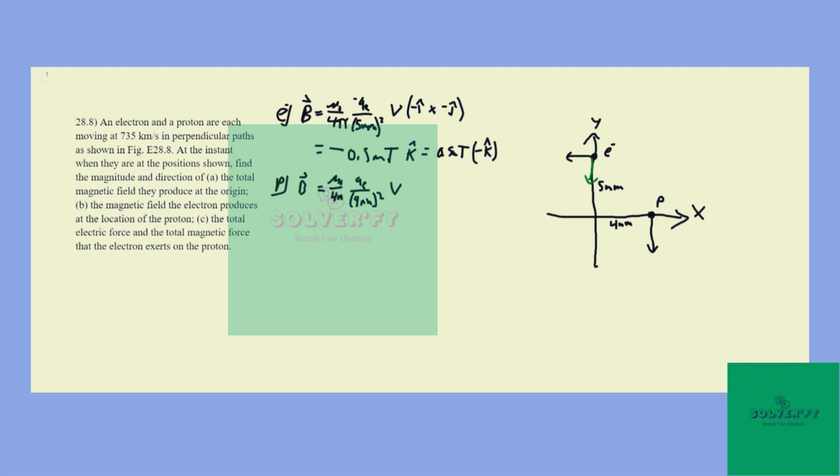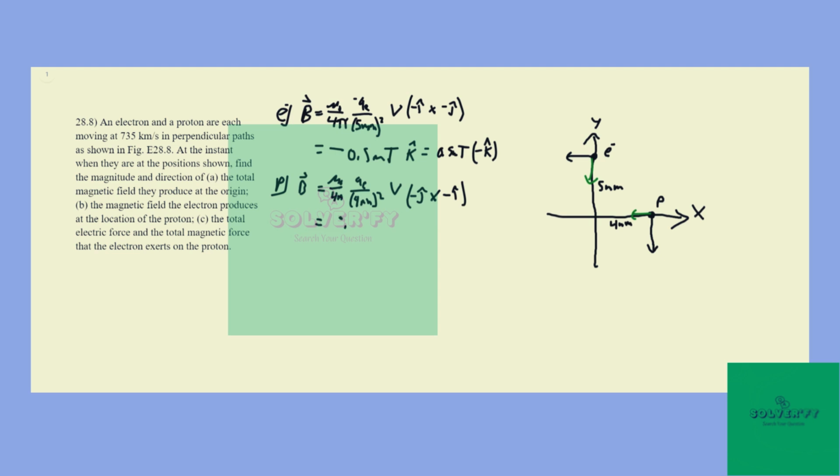And then we have that as the velocity vector. The direction is down, so negative j hat. And then the r vector this time is in towards the origin. So it's going to be cross product with negative i hat. And this is going to be negative j hat cross negative i hat is going to be negative k hat. So again, we're going to have a positive number out front like we have here, but then negative k hat.